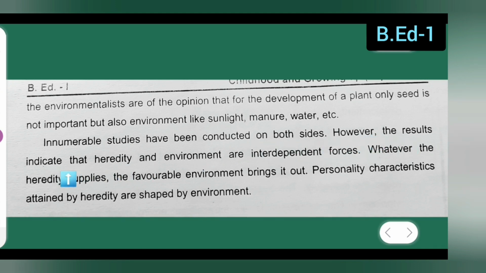However, the results indicate that heredity and environment are independent forces. Whatever the heredity supplies, the favorable environment brings it out. Personality characteristics attained by heredity are shaped by environment.